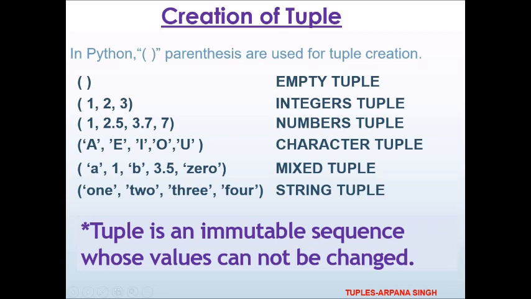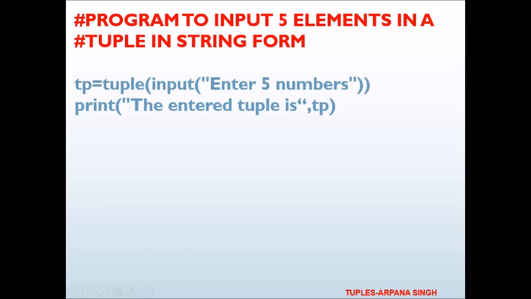So a tuple is an immutable sequence whose values cannot be changed. Suppose you want to write a program to input tuple elements. This is the format: tp is the name of the tuple, tp is equal to tuple, which is a function, and input is another function which is used to input the data, and tuple will convert that input to tuple format.